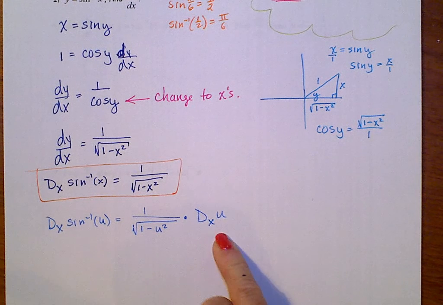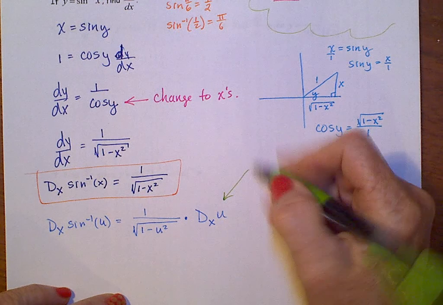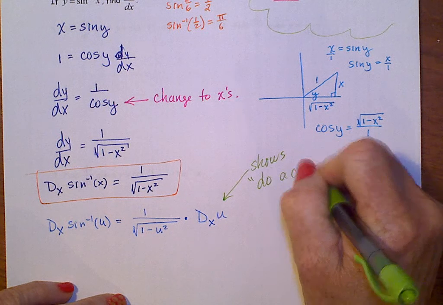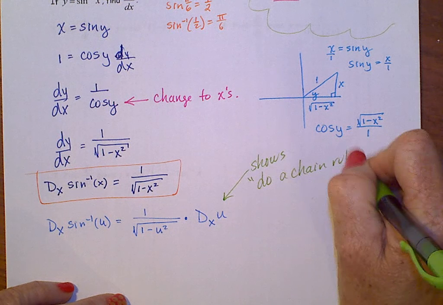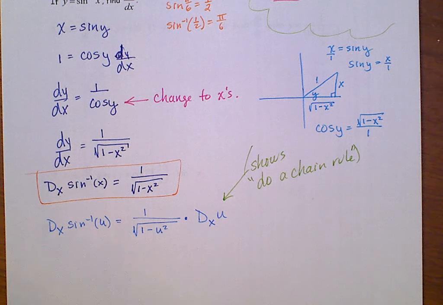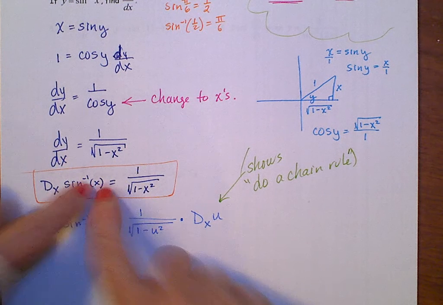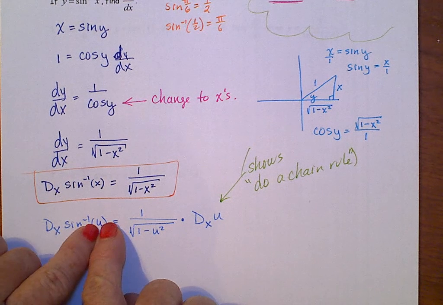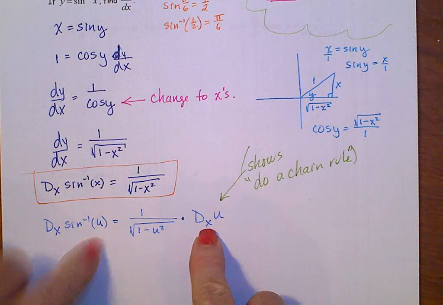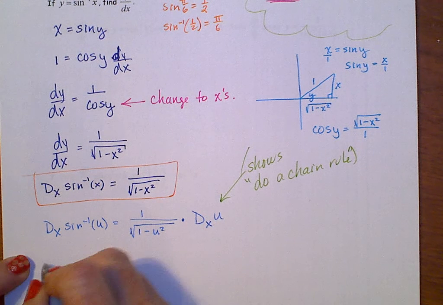That's just demonstrating chain rule. So we do the derivative of the inverse sine part and then times the derivative of whatever that inside function is. Okay?